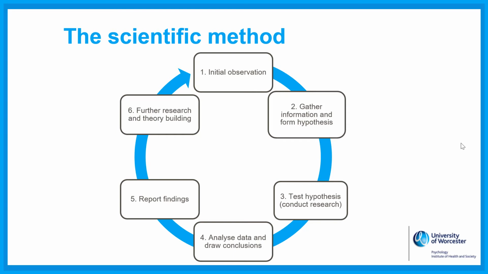And then you will be looking at reporting your findings in a set write-up format, and then looking at further research and suggestions for further research recommendations, what the implications of your research are, and what you've found out and how it links to existing research or does not link to it.